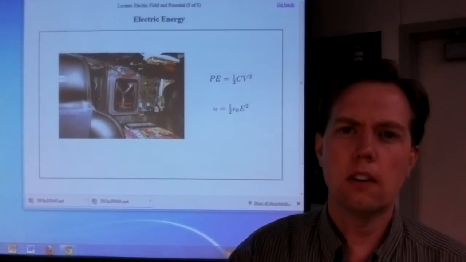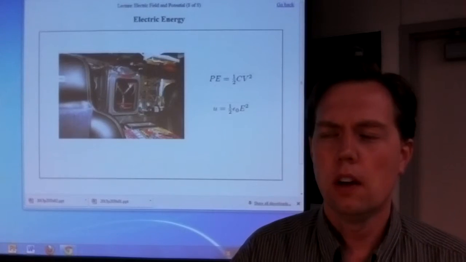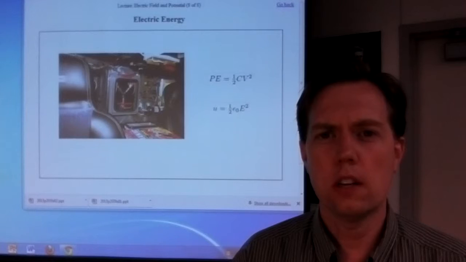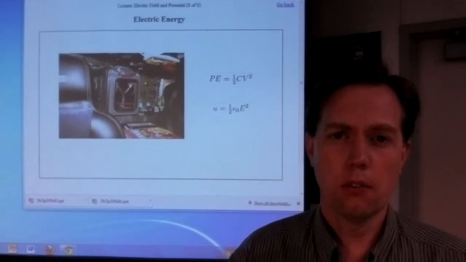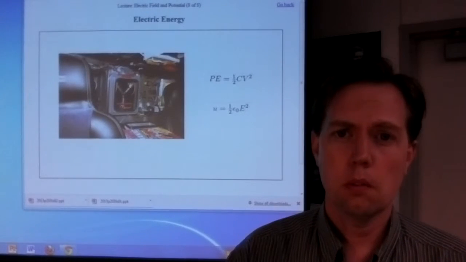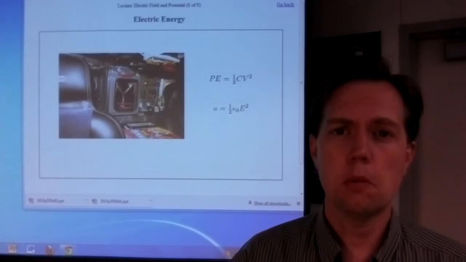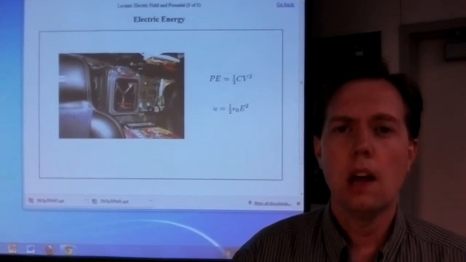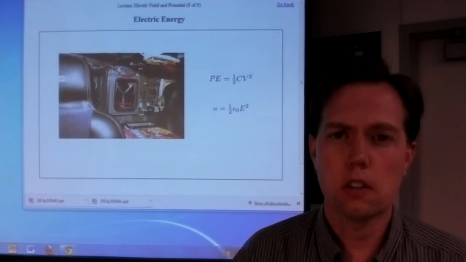And effectively what happens is that you've created a smaller distance between the charges inside the capacitor. Now the voltage is proportional to the distance between the charges. Remember, it's the electric field, which is constant, times the distance between the charges.